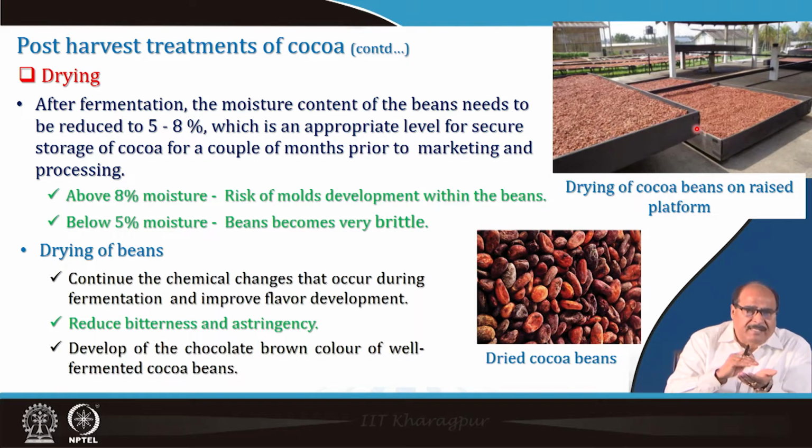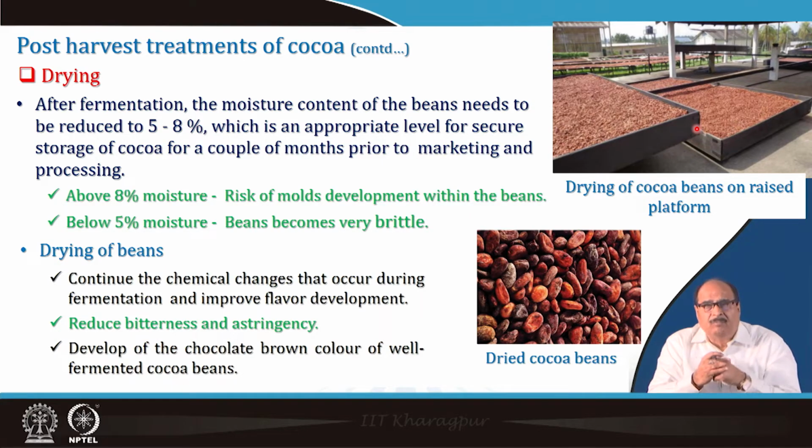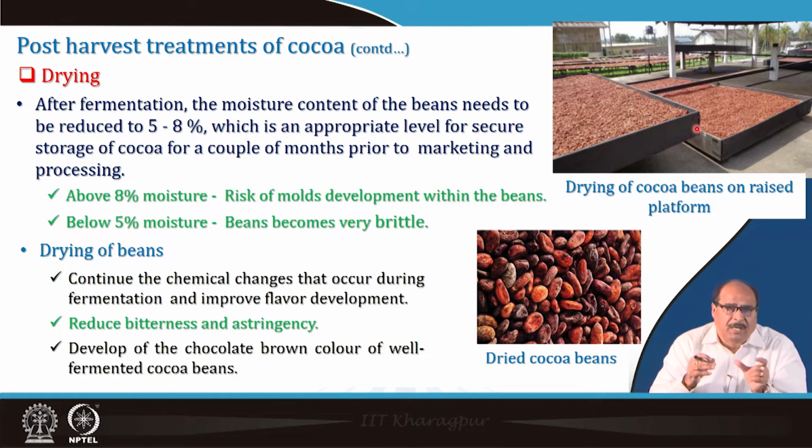If the moisture content is above 8%, there will be the risk of mold development within the beans. Moisture content below 5%, the beans will become very brittle. So, 5 to 8% is the average moisture content.